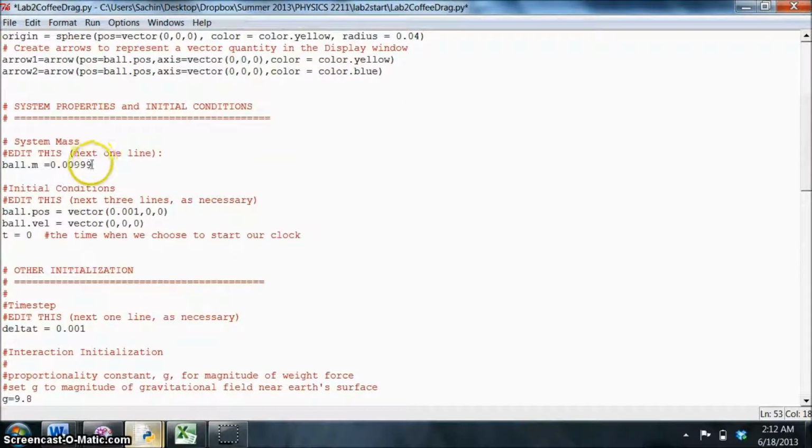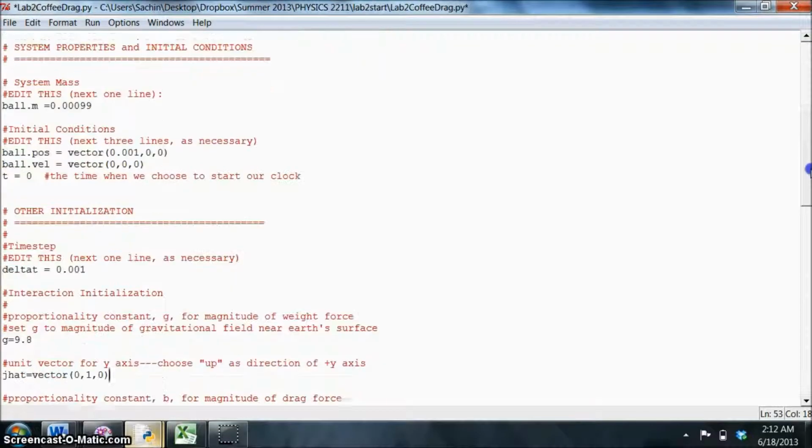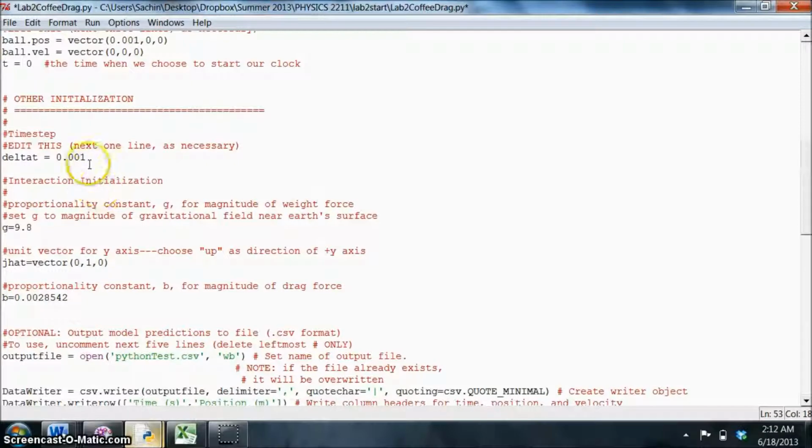I plugged in the mass. It was approximately 1 gram, so in kilograms, it was 0.00099 kilograms. We got the initial position from tracker. The initial velocity was 0 because the object was at rest in my hands. I set the delta t to be much less than the time step. G is equal to 9.8, which is the gravitational acceleration. J hat is the direction that the object is going to fall in.